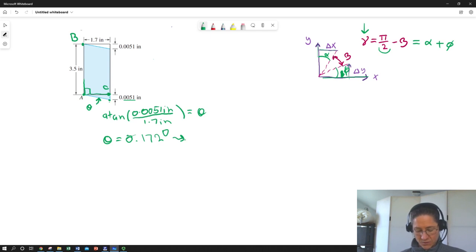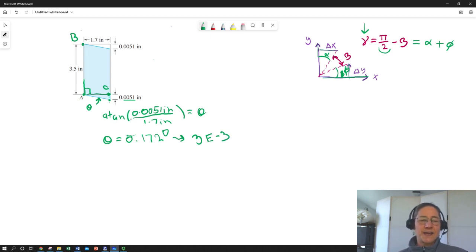So 180 divide, 3.14159 times, and I get about 3 times 10 to the minus 3.